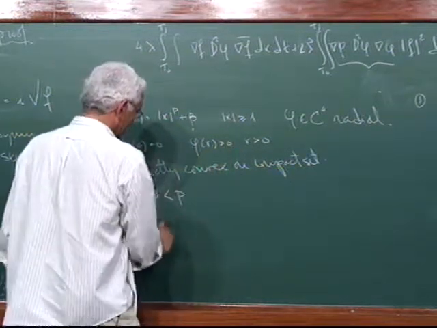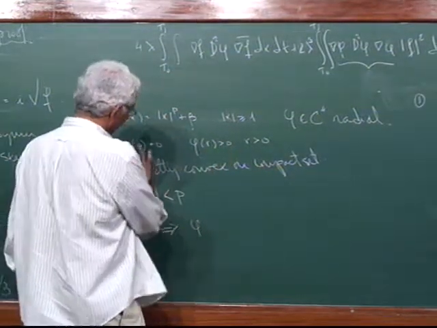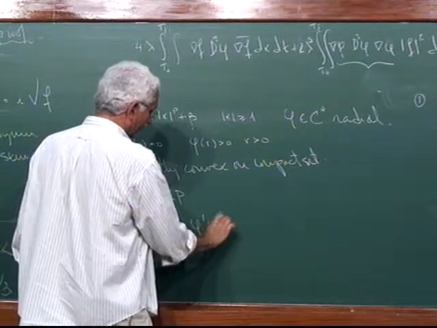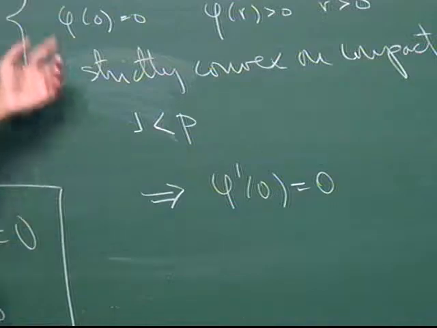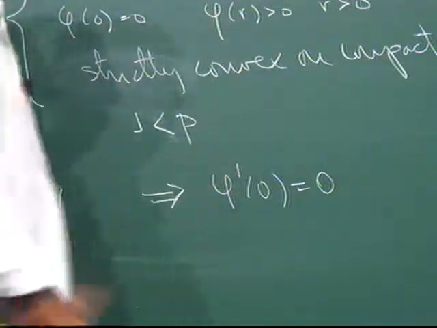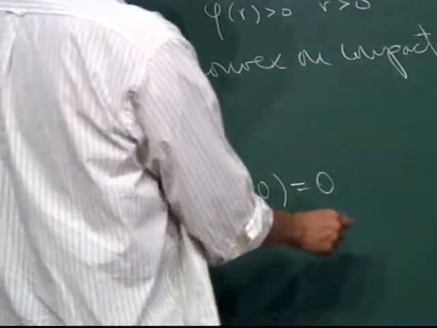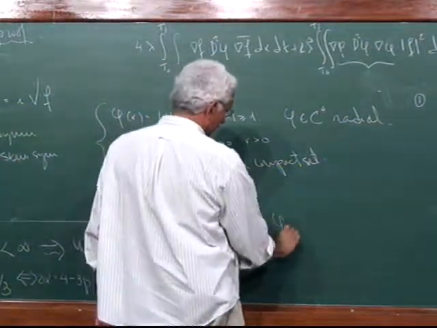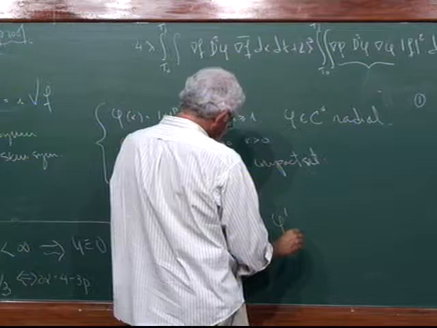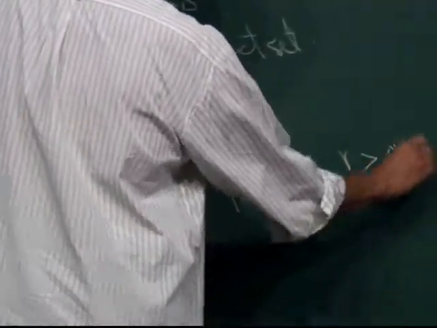That means that since you have to be smooth and radial, you know that this function is 0 at 0. This is because you are smooth and radial. In the moment that you see that you have to be positive, that tells you that phi of r is positive if r is positive.